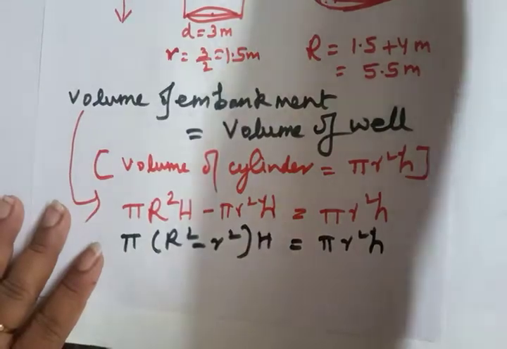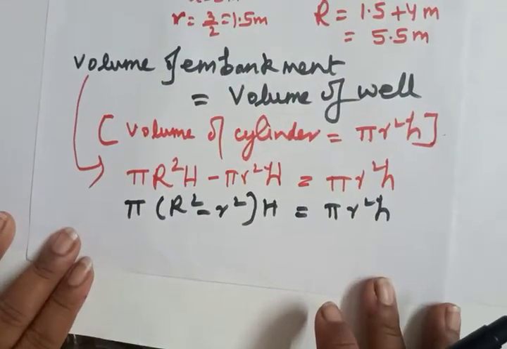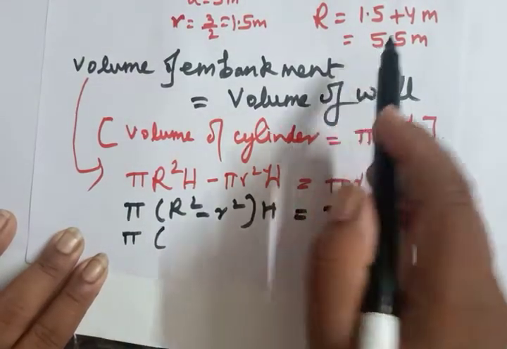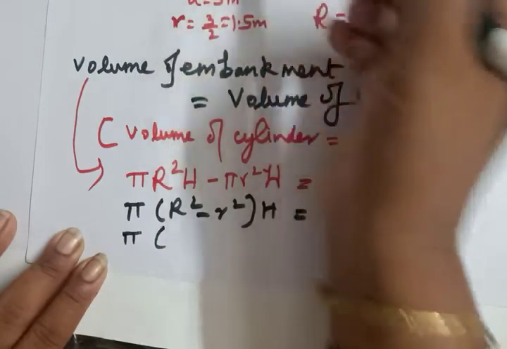Now we simply need to put the values only. We have already found out the values. Pi, capital R is 5.5, inner radius plus this 4 meter wide.